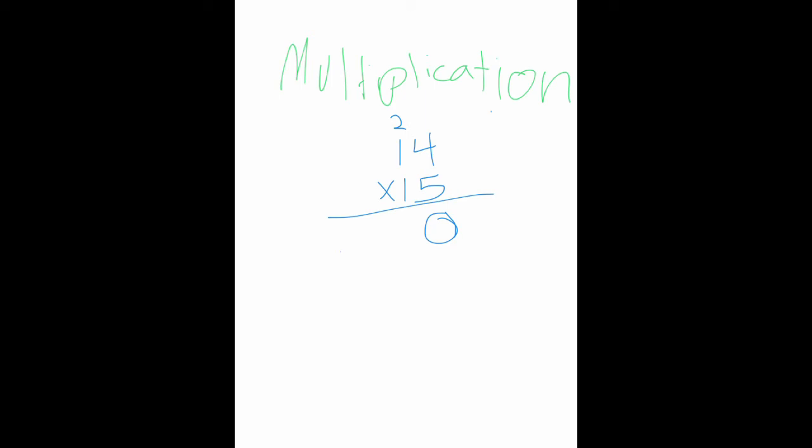And now we would multiply 5 times 1. And anything multiplied by 1 is just going to be itself. So if I have 5 times 1, I'm going to get 5. If I have 1000 times 1, I'm still going to get 1000, because anything times 1 is just itself.